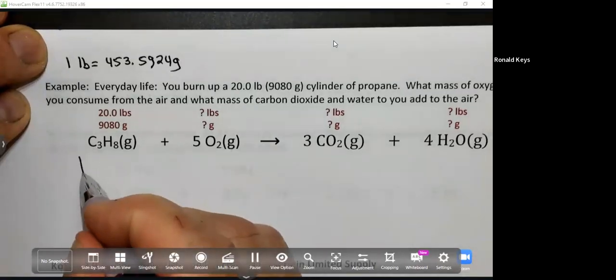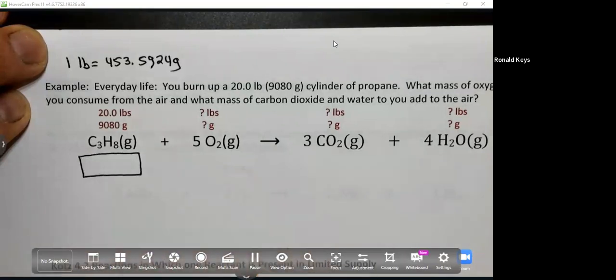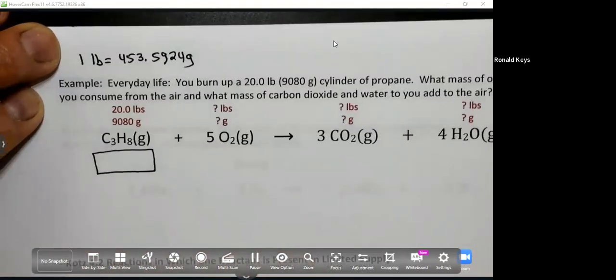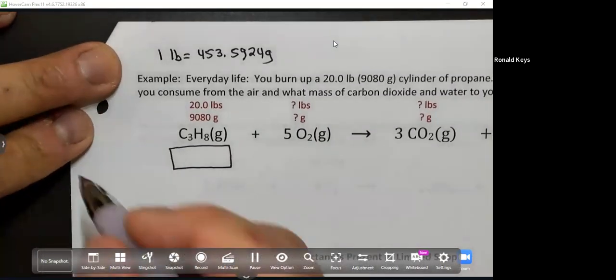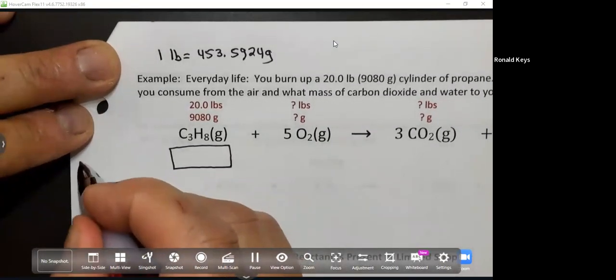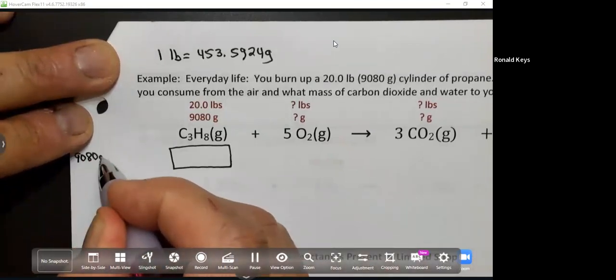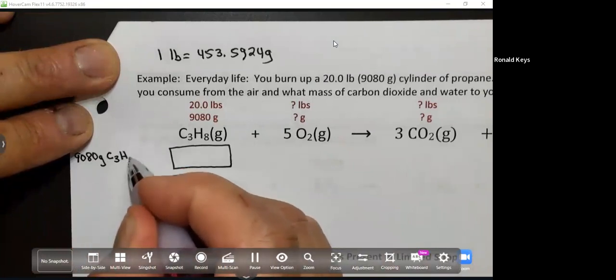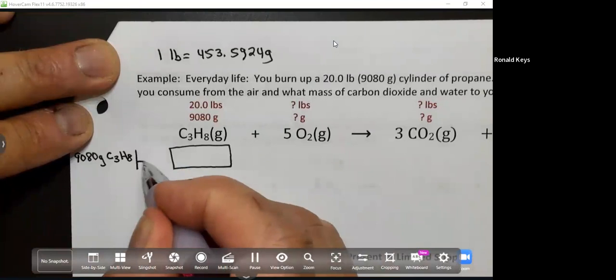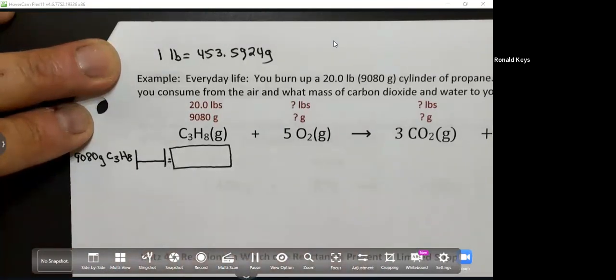So right here, we need to get moles. Now I'm going to sneak it in right here because we're going to need a lot of room. We've got 9,080 grams of C3H8. That's simply propane.